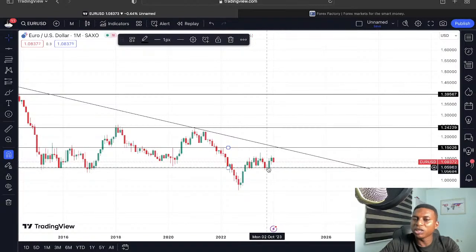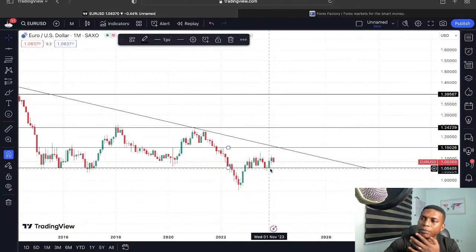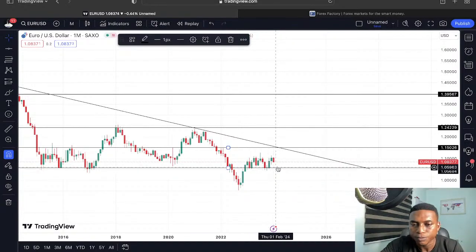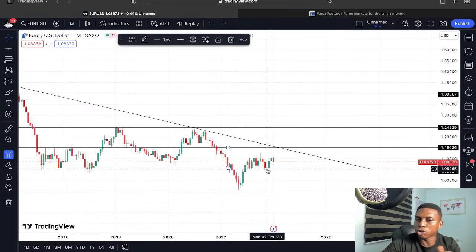Doji candles are like equilibrium candles. They pass a message that shows that demand is equal to supply. A doji appears only when demand is equal to supply. We saw our price pushed up after this doji appeared on a support zone.